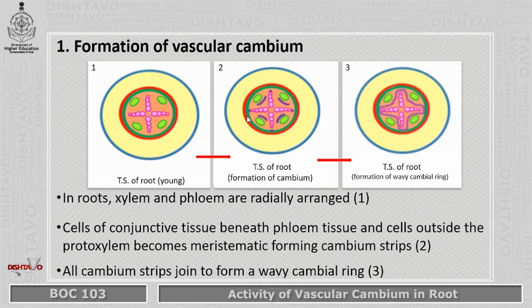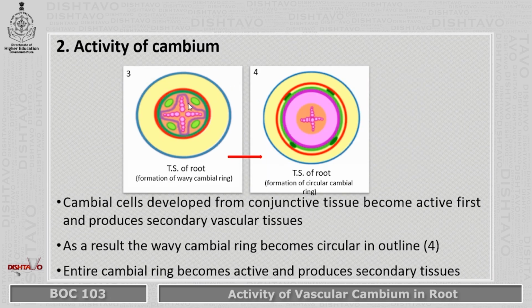These cambial strips formed beneath the phloem and the apex of the protoxylem will join together to form a wavy ring of cambium in between the two tissues. As secondary growth advances, initially the cells of this wavy cambial ring, which are present below the phloem cells, will be active first.